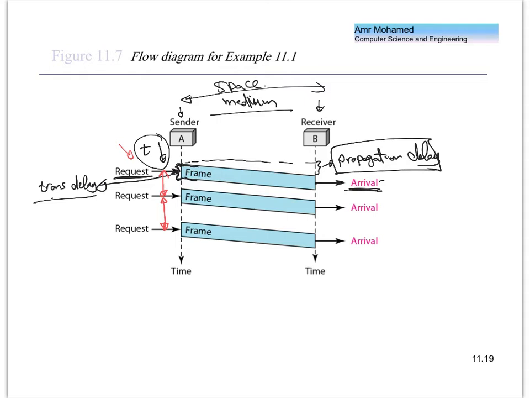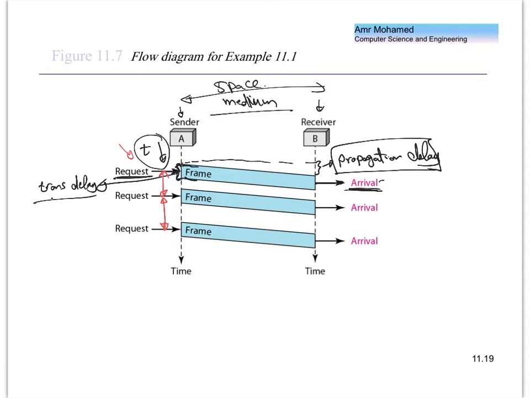How often does this event, the request to send, happen? Does it happen every second, every 5 minutes, every hour, or does it vary?